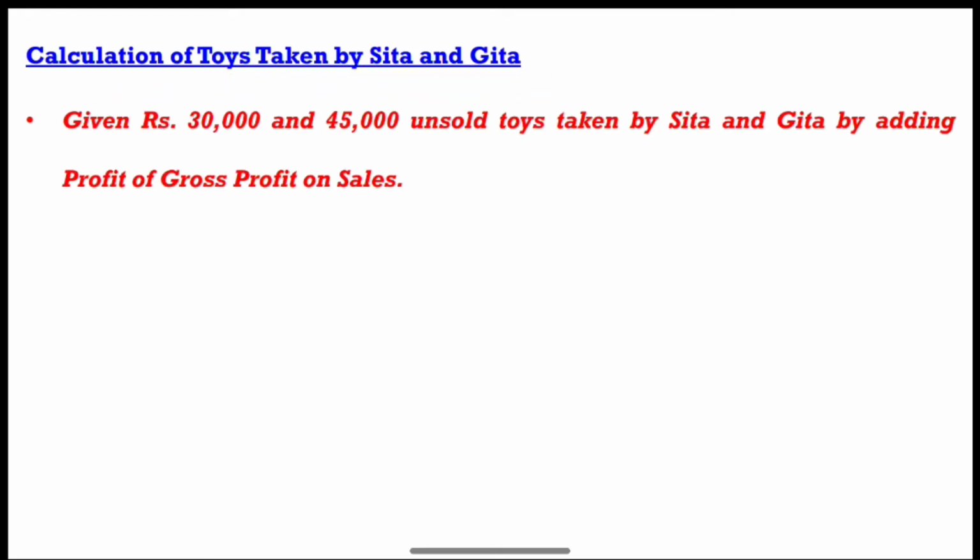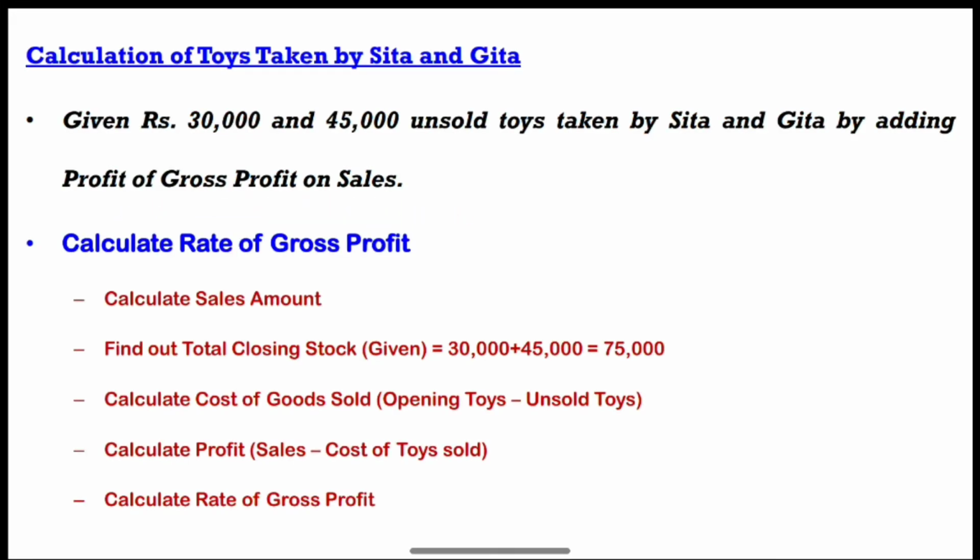Here 30,000 and 45,000 is given as unsold toys, to which profit is to be added. Clear? So for finding out the rate of gross profit, we need to first calculate sales. First we will find sales. Closing stock total 75,000 is given.